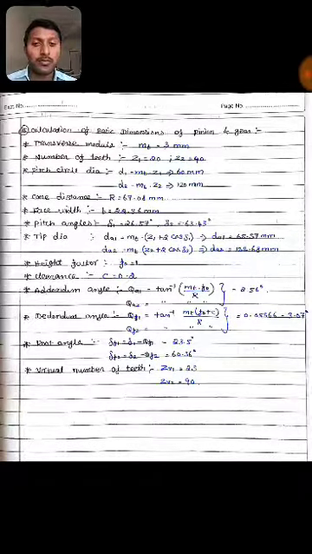Pitch circle dia D1 is equal to mt into Z1. So substitute the mt and Z1 values. So finally we get D1 is equal to 60 mm. D2 is equal to mt into Z2. Substitute mt and Z2 values and find out finally D2 answer is 120 mm.